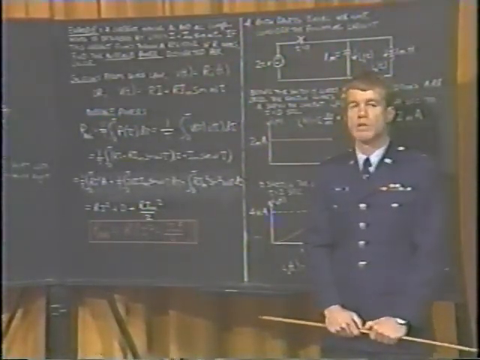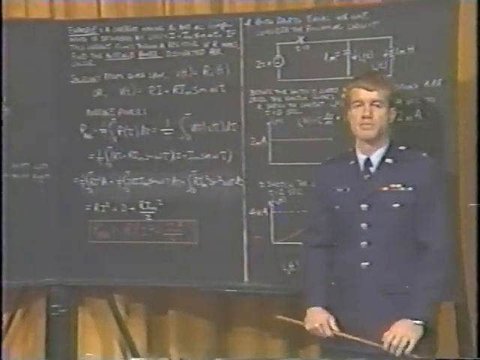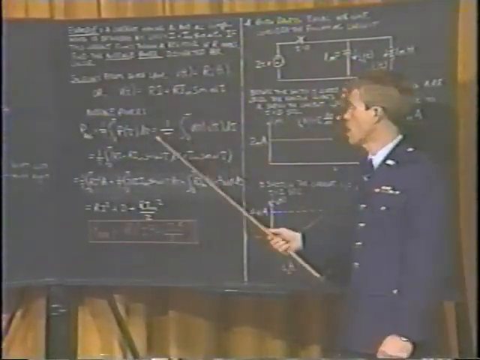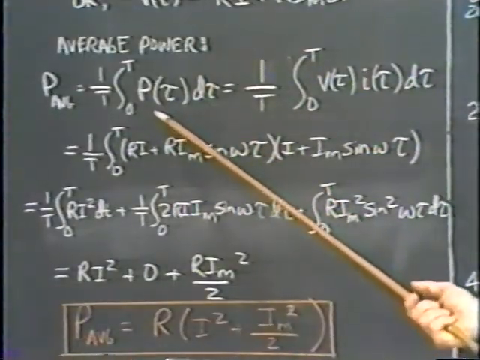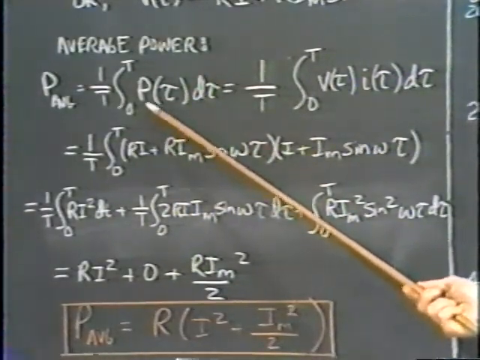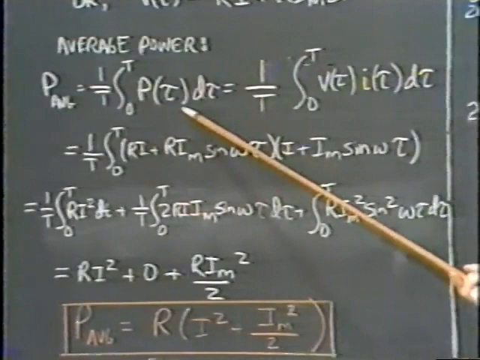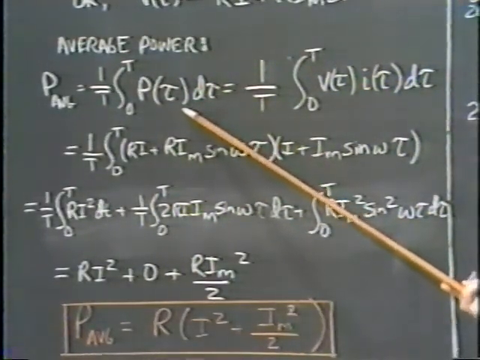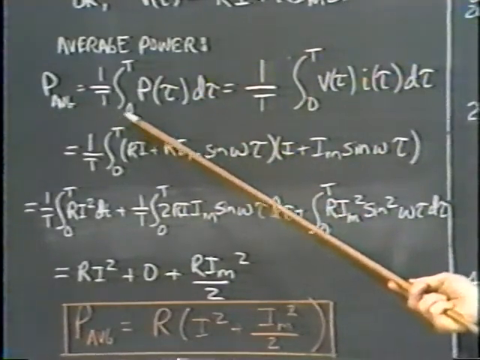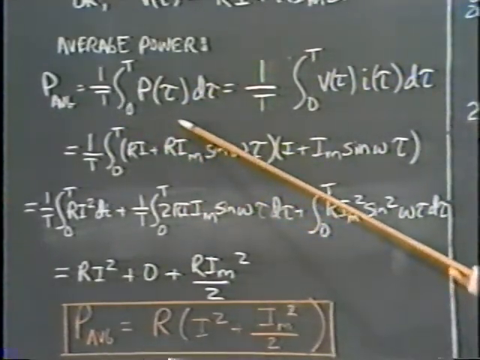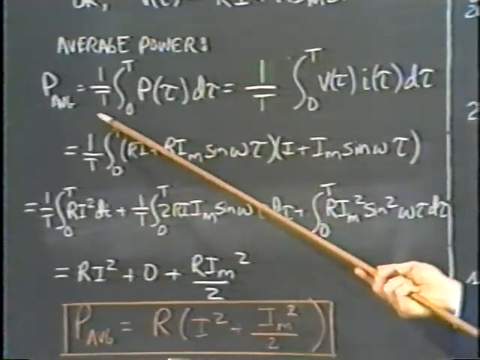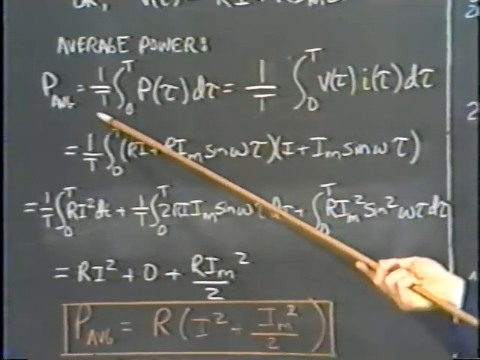So in this case, we need to use the definition of the average value of a signal. In this case, we want to look at the average value of power. So looking at that definition again, our average power is simply the integral of the instantaneous power, expressible as a product of voltage and current. And we're getting the area under the curve of power, and we're going to divide that by the period in seconds.